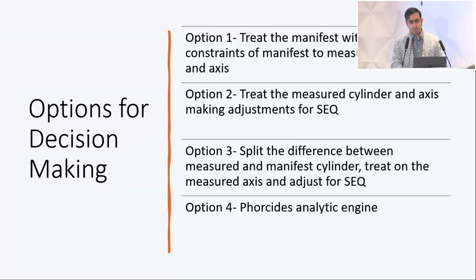You either treat the manifest, or you treat the measured cylinder and axis, making adjustments for spherical equivalent. You can split the difference between the measured and the manifest cylinder, treat on the measured axis and adjust for spherical equivalent.